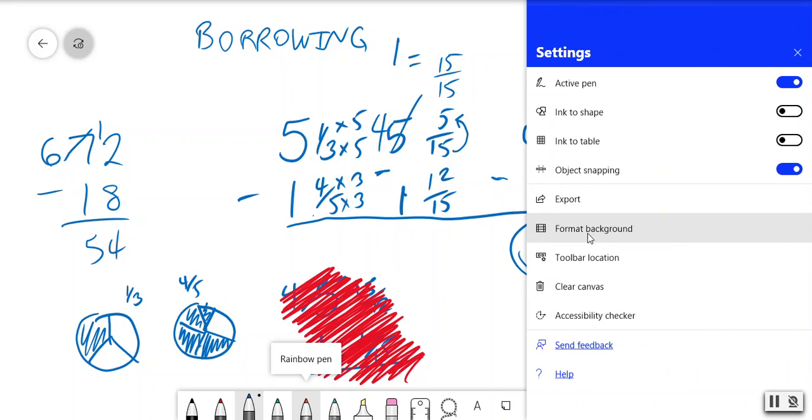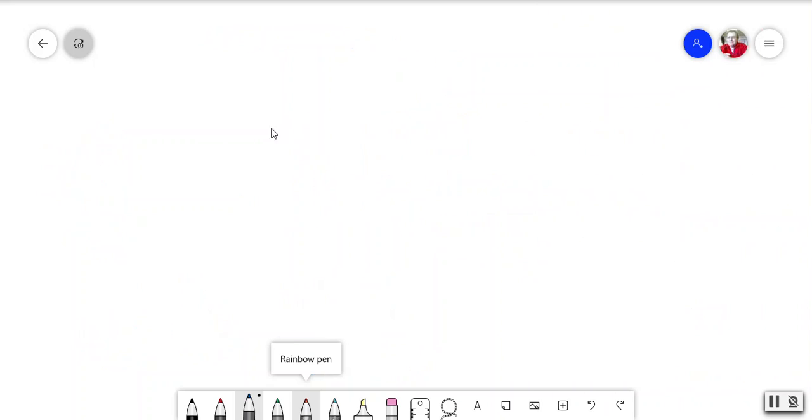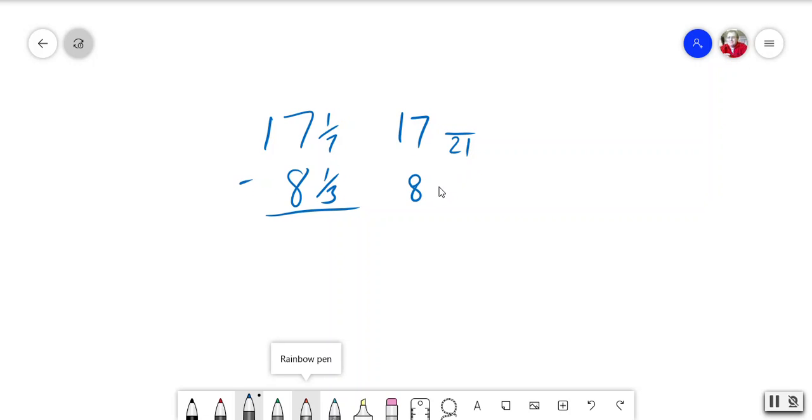Let me do one more example like this. Say we had 17 1/7 over, oh, I don't know, 8 1/3. Subtract. Well, we start off 17 and 8. It's not changed. 7 and 3, the denominator is going to be 21.